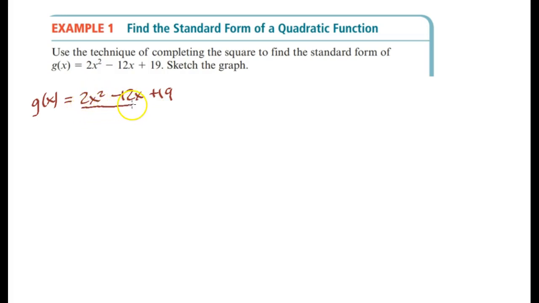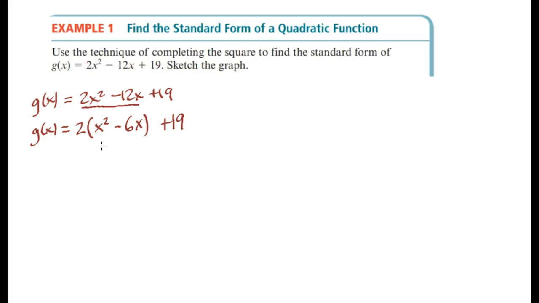You may be used to factoring out of all the terms, but we can factor out of just two of the terms. So we factor the 2 out and we're left with x squared minus 6x, and then we still have plus 19 because we did not factor the 2 out of the 19.